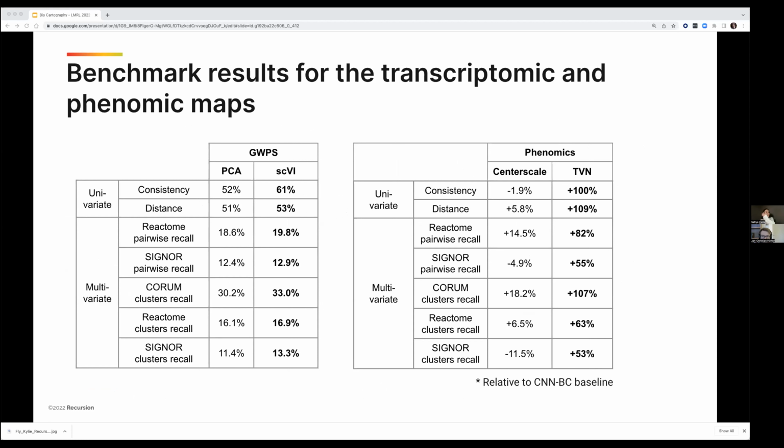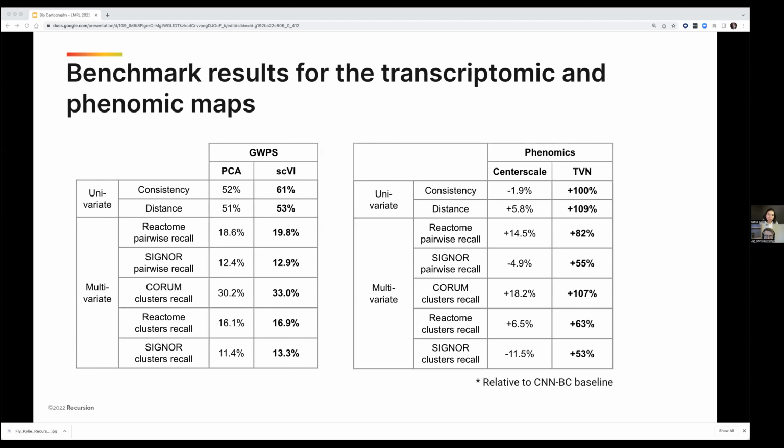Here are univariate and multivariate benchmark metrics for the 4 maps we just discussed. We report the results for all genes. We skip the step of filtering for perturbations with a significant effect, just so we could have an apples-to-apples comparison using the same set of genes between the pipelines. For pairwise relationships, we consider 2 publicly available sources: Reactome protein-protein interactions from complexes with at most 4 proteins, and SIGNOR pathway interactions.